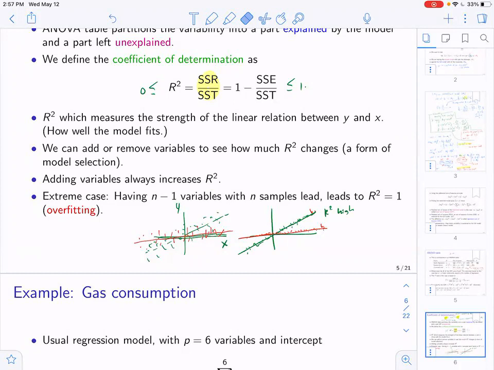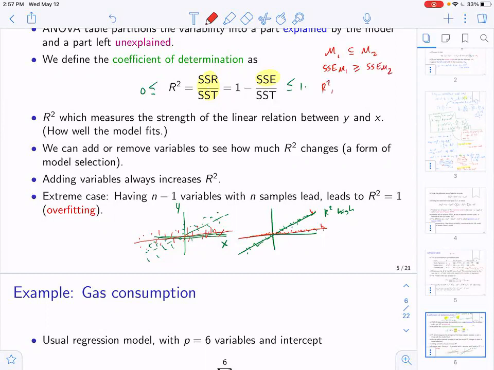So whenever you go to a higher level model that contains the previous model as a nested model, your R squared always increases. In other words, the SSE always decreases. And this is the relation that we saw before. Whenever you have M1 nested within M2, we know that the SSE of M1 is bigger than or equal to the SSE of M2.